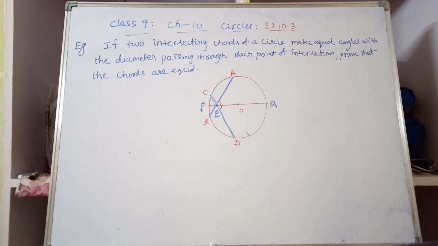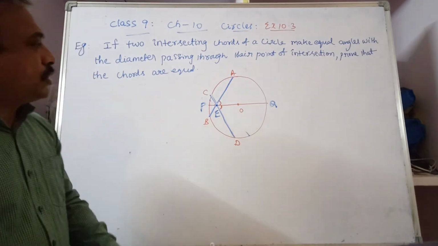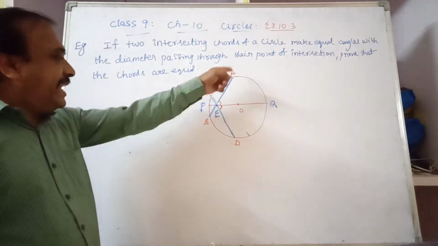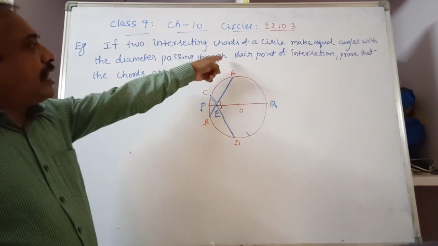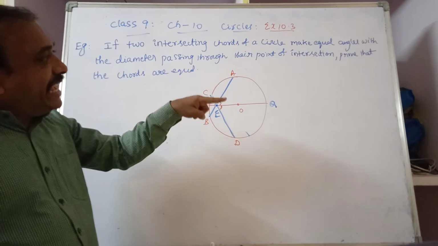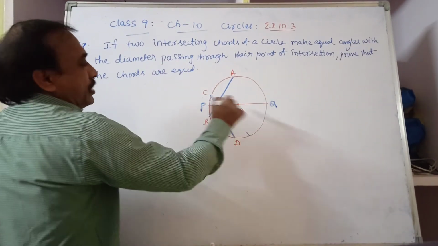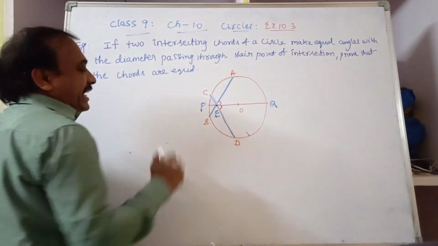Here we have one example. If two intersecting chords, AB and CD are two chords intersecting at the point E, make equal angles with the diameter PQ which is passing through the point of intersection.